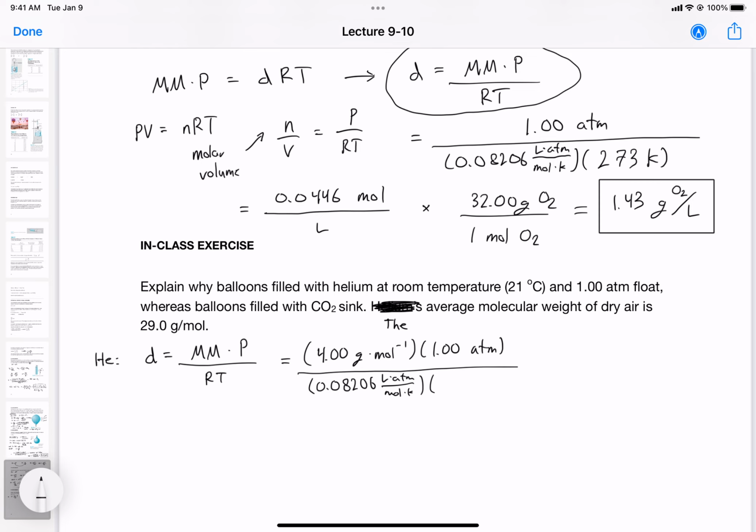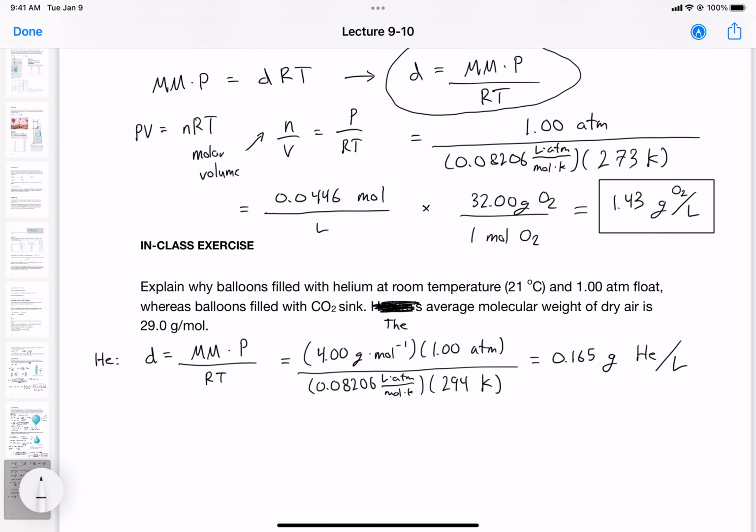And 21 degrees Celsius is 294 Kelvin. So if we do this calculation, 4 divided by 6, and then divide this, 48.74. Okay, so we get roughly 0.165 grams of helium per liter.